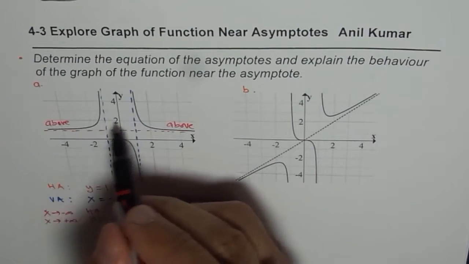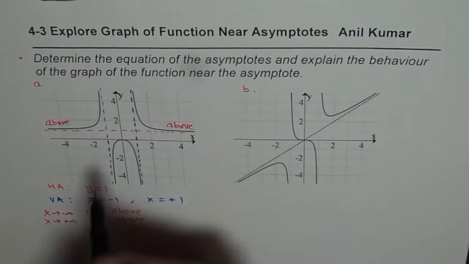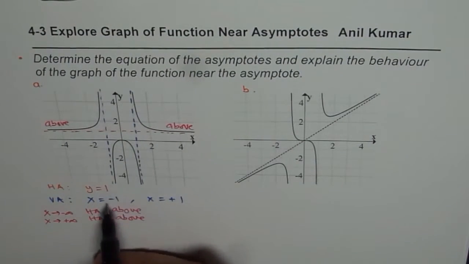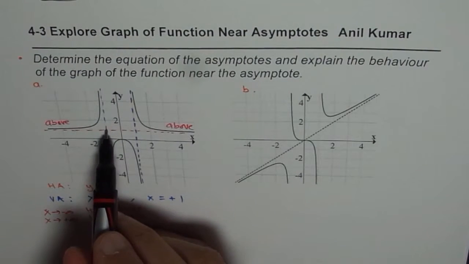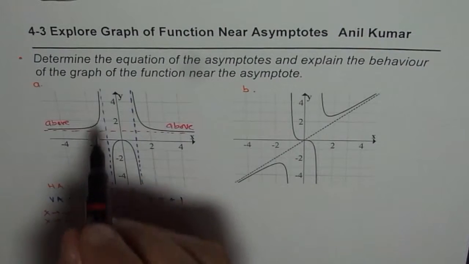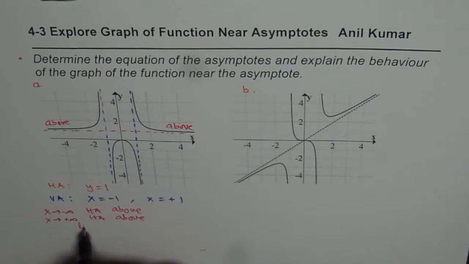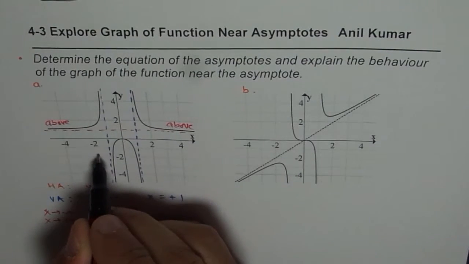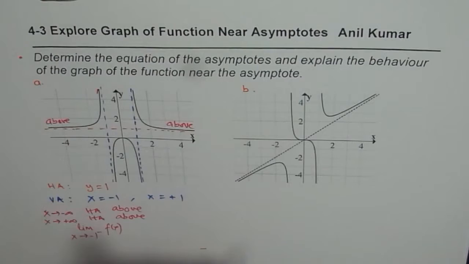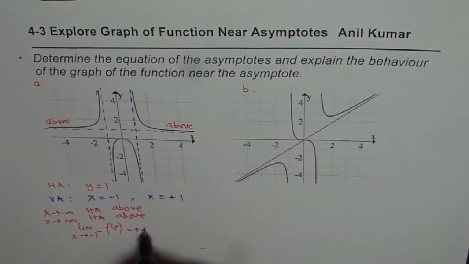As far as the vertical asymptotes are concerned, if we analyze x equals negative 1, what we see here is that the limit of the function as x approaches negative 1 from the left side is positive infinity.